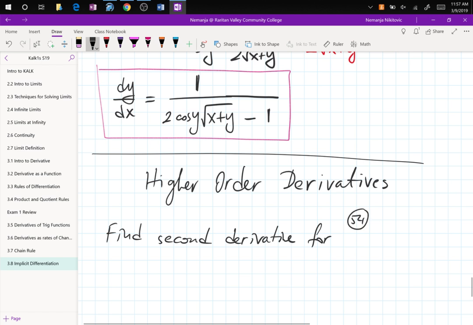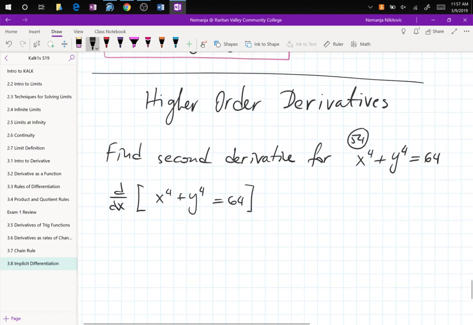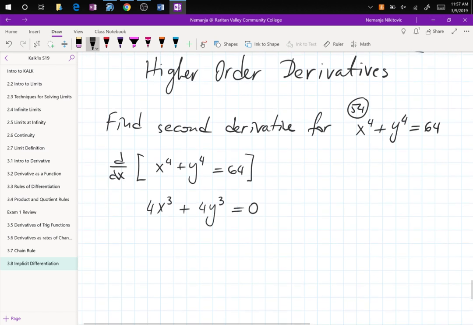It says x to the 4 plus y to the 4 is equal to 64. Well, you start with the first derivative. And get 4x cubed plus 4y cubed dy/dx is equal to 0. I forgot dy/dx.